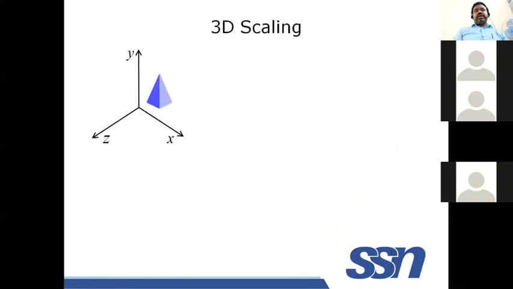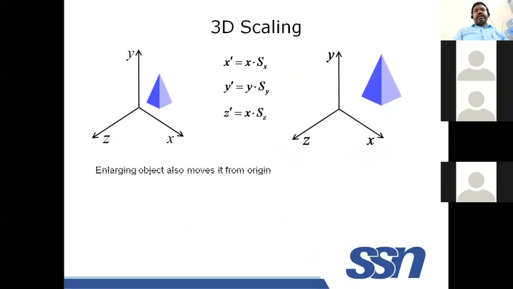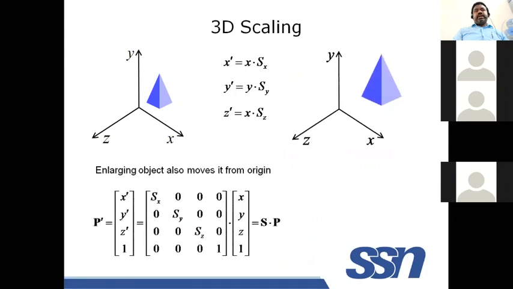Scaling, three-dimensional scaling. The same procedure has to be applied. x prime is equal to x times sx, y prime is equal to y times sy, z prime is equal to z times sz, I mean scaling factor. So for enlarging, the same procedure has to be followed.